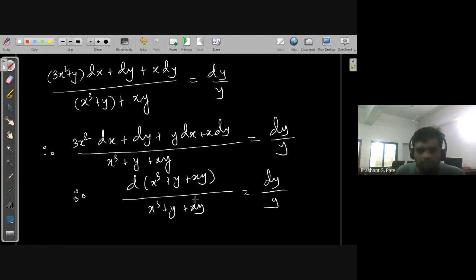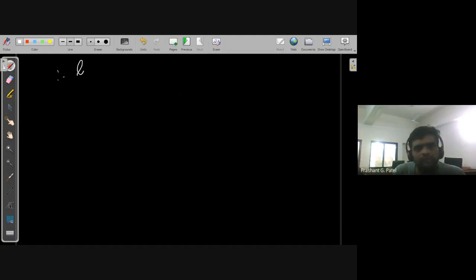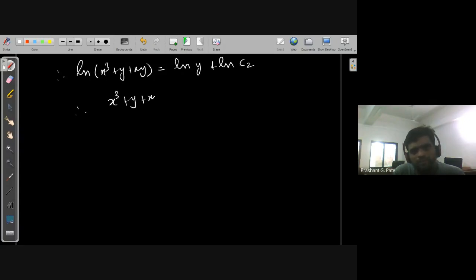So that we have. If I take the integration both sides, this will lead to ln of x cube plus y plus xy is equal to ln of y plus ln of c2. So the final answer is x cube plus y plus xy upon y is equal to c2.